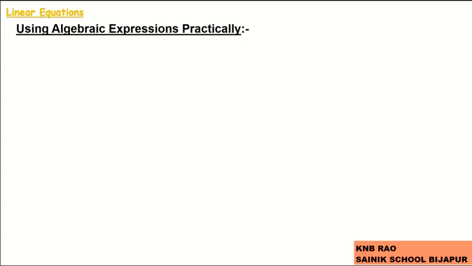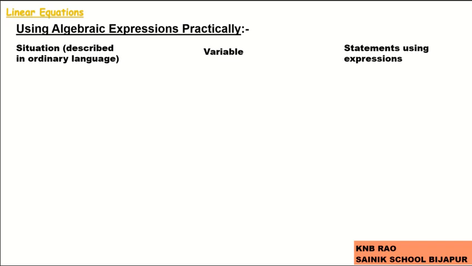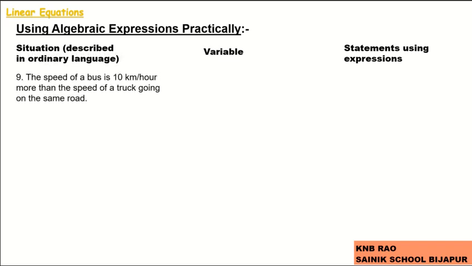I am giving you the 9th one: a situation described in ordinary language, you decide what is the variable for it and decide the statement of the same in algebraic expressions. Now here the question is, the speed of a bus is 10 km per hour.